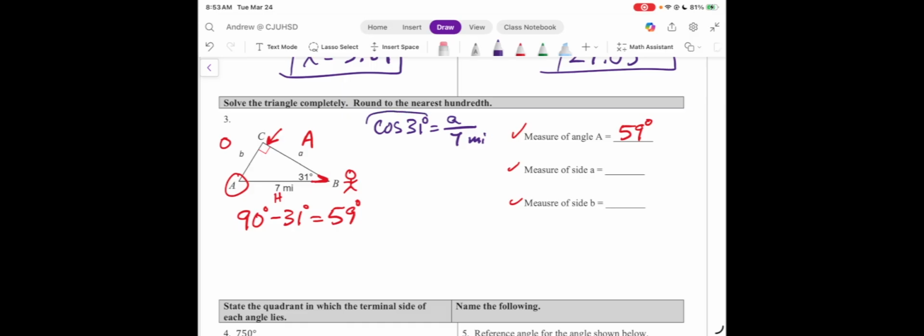I'm going to multiply 7 times cosine 31. Calculator time. Six point something, even to the nearest hundredth. So like that. And that will be in miles.